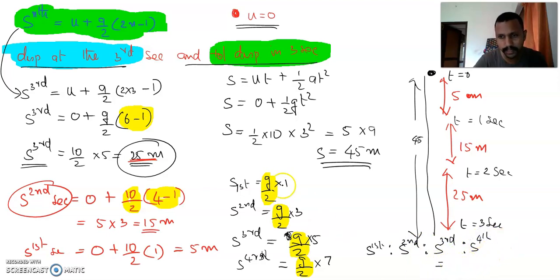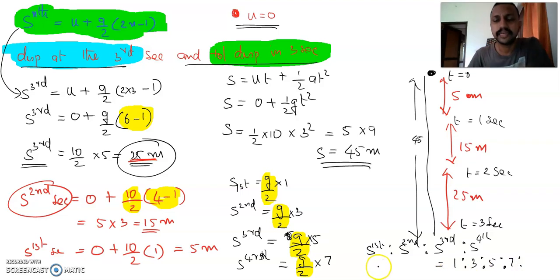It should be equal to, if you are taking g by 2 in all and cancelling that g by 2, you could say it is like 1 is to 3 is to 5 is to 7 is to etc. Therefore the ratio of displacement at the first second to the second to the third second to the fourth second is like the odd multiple, that is it is like 1 is to 3 is to 5 is to 7.